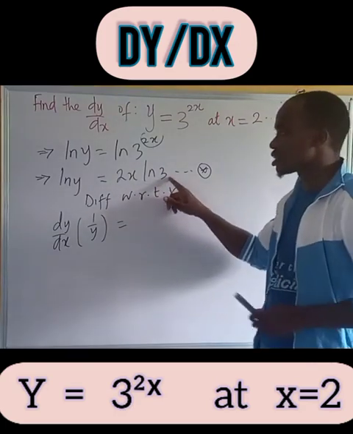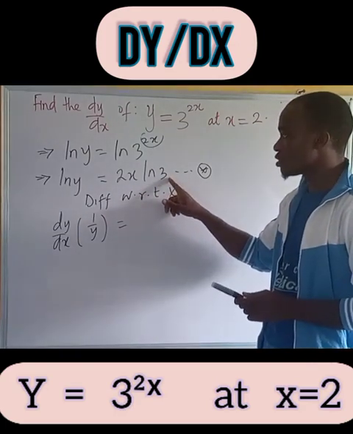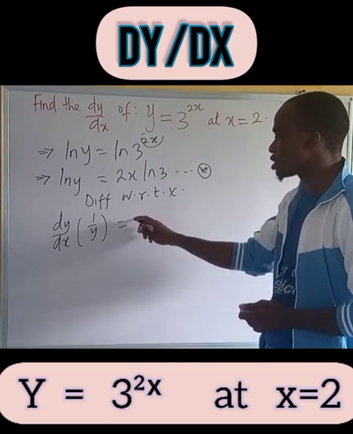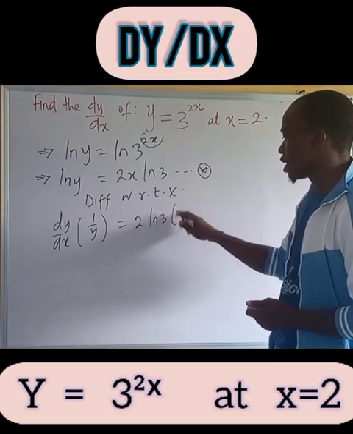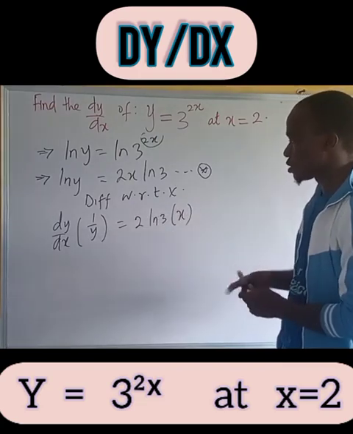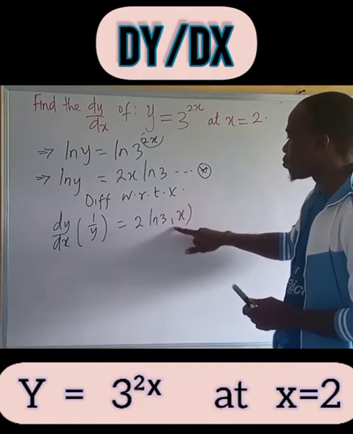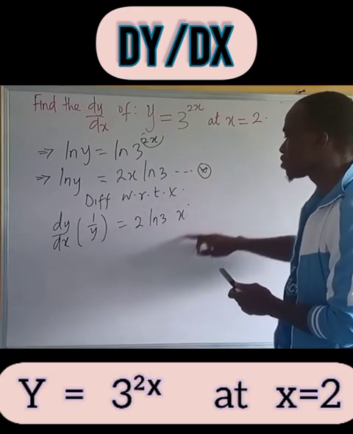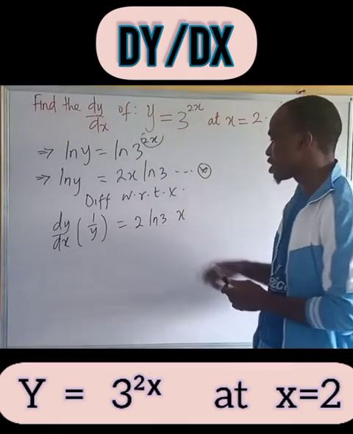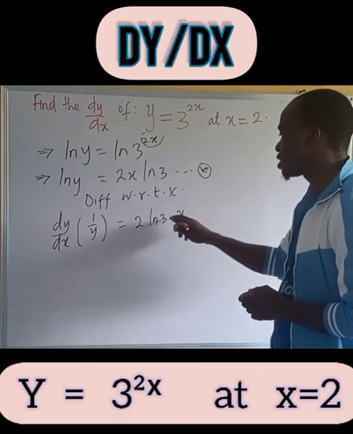Don't forget that ln 3 is a constant itself, so this can be written as 2 ln 3 times x. Now we differentiate this x, and that is going to be 1.